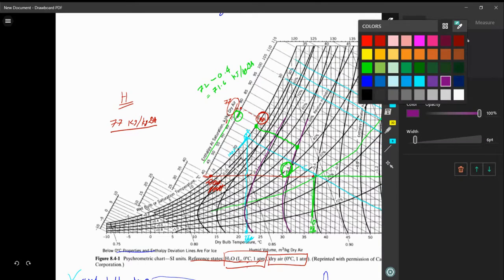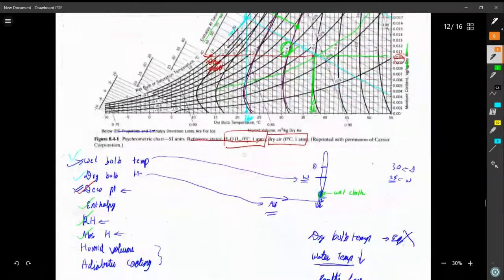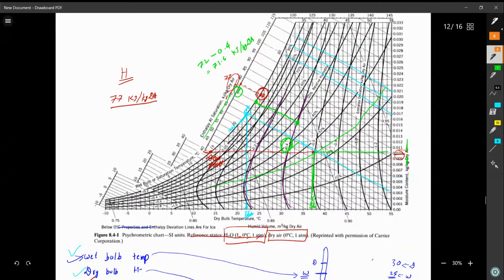Let's try another color, orange maybe. So you see these lines over here. These are constant volume lines, quite far spaced apart. So if you want to get something in between, you need to take an average.